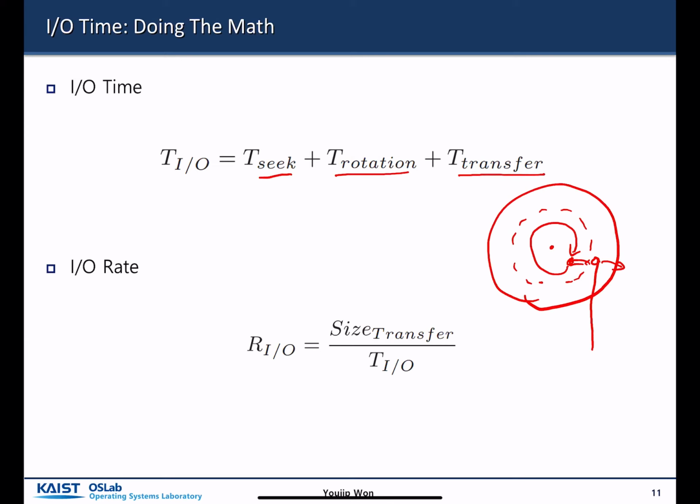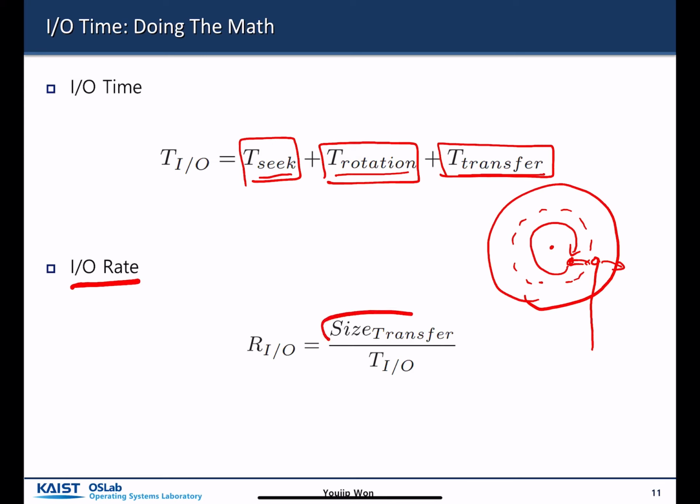So the time to do an I/O consists of three components: T-seek, T-rotate, and T-transfer. I/O performance, or I/O rate, is computed as the amount of data you want to transfer divided by the time to transfer that data. That is R-I/O.